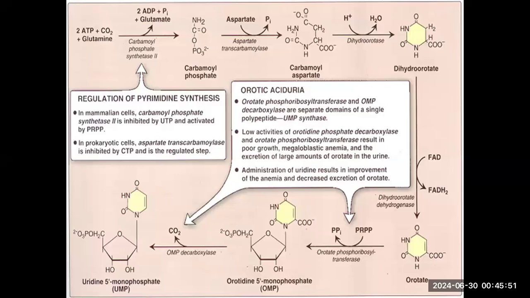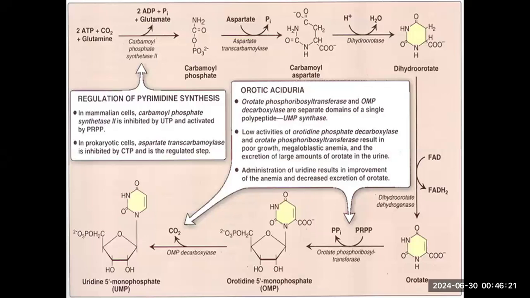In contrast to the pyrimidines, the pyrimidine ring is first synthesized from different atoms, and then once the ring is synthesized, the phosphate sugar is added, that is the phosphoribosyl pyrophosphate is combined, and then we get the formation of pyrimidine nucleotide. So remember the difference between these two.